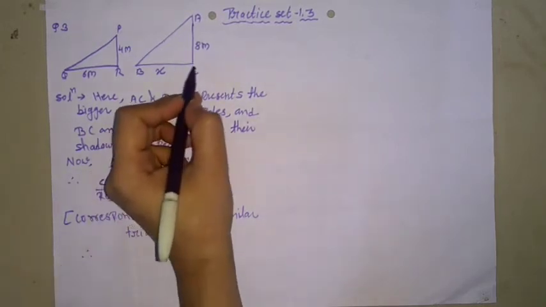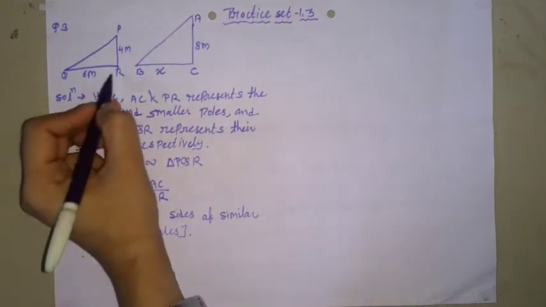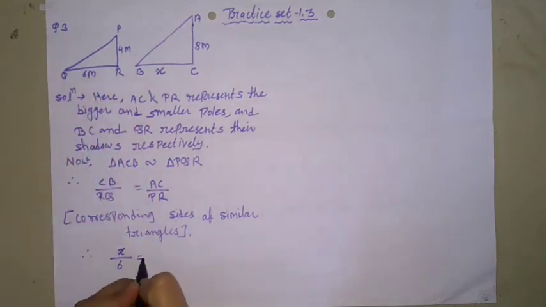Therefore, CB equal to X, QR equal to 6, AC equal to 8 and PR equal to 4.